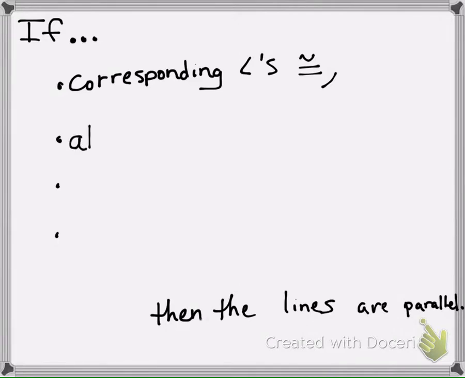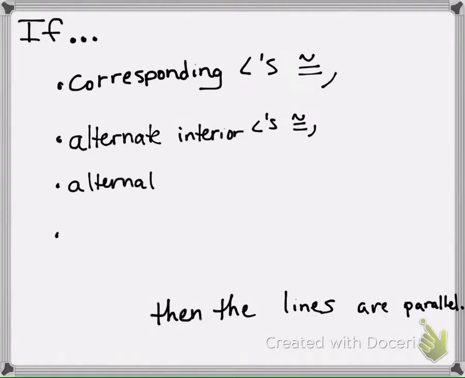Do you guys remember alternate interior? Very good. If the alternate interior angles are congruent, comma, then the lines are parallel. And yes, you had them right. If alternate exterior angles are congruent, then the lines are parallel.